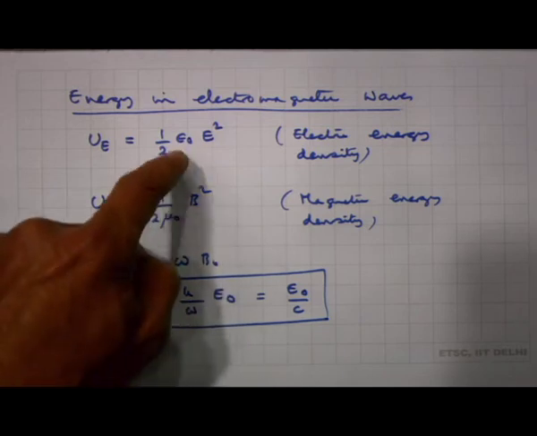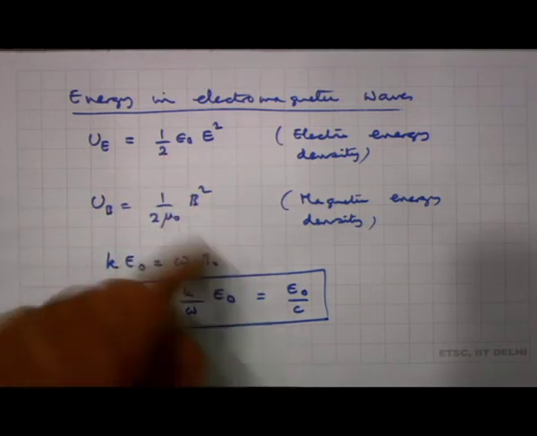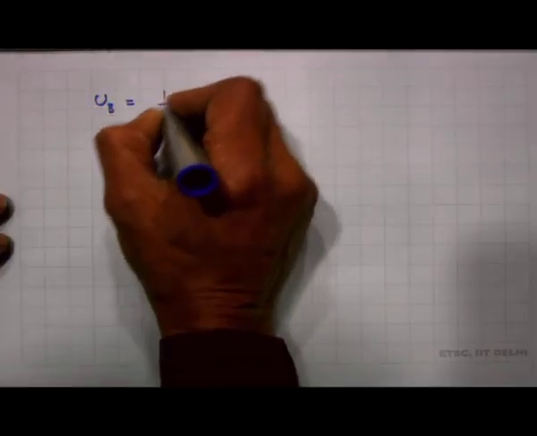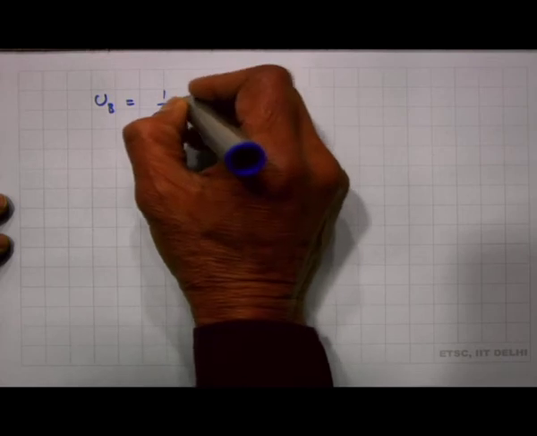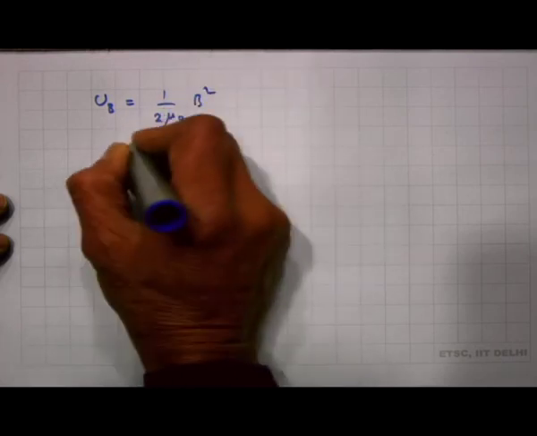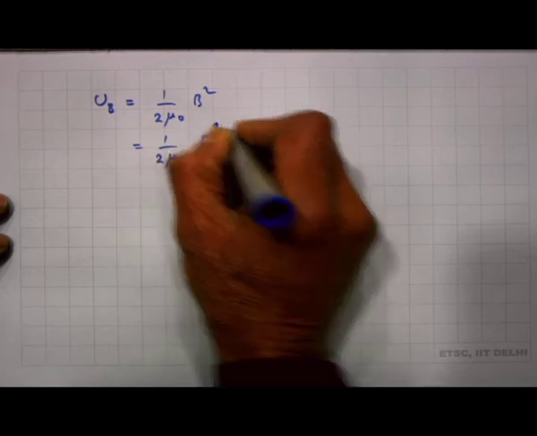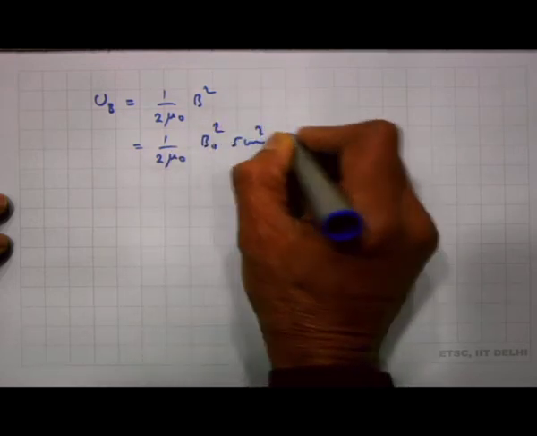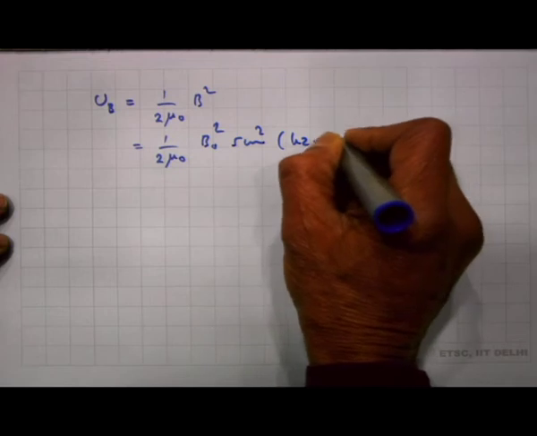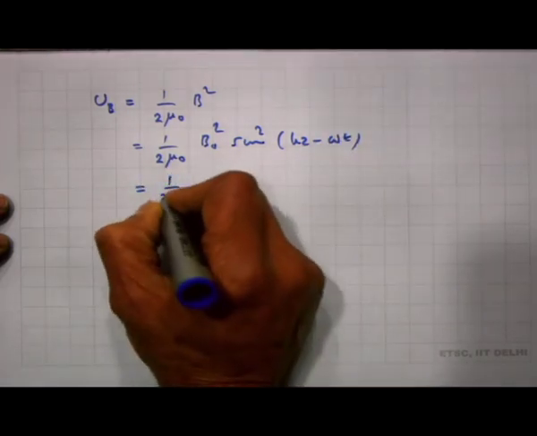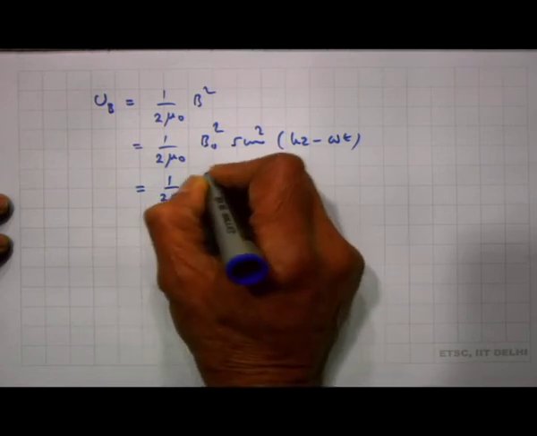So, let me substitute this here, for example, and what I get is u b becomes equal to, u b was 1 by 2 mu 0 B square, which is equal to 1 by 2 mu 0 B naught square sin square (k z minus omega t). Now, B naught was E naught by c.